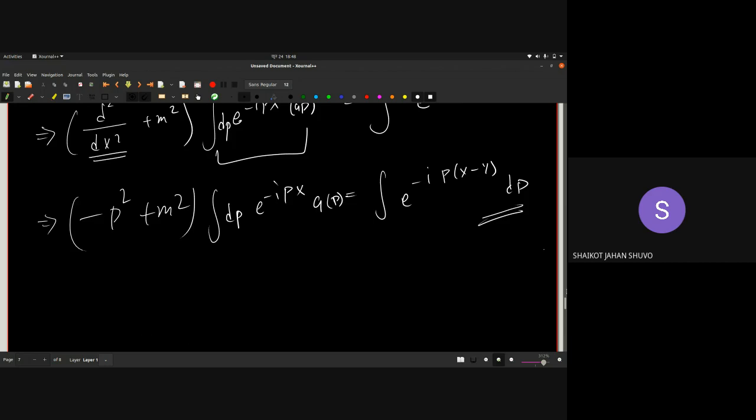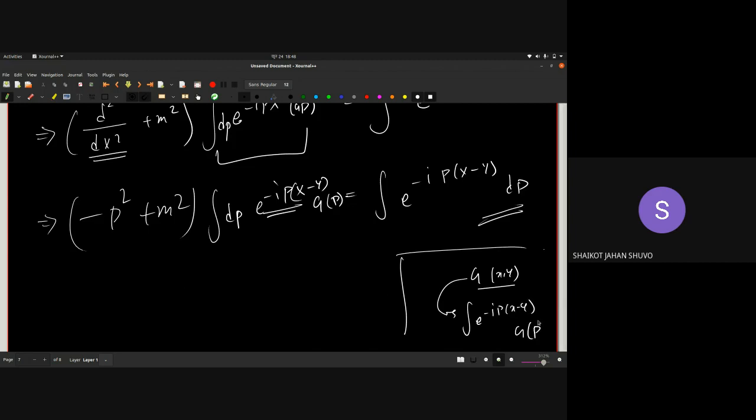There is this exponential, you can get rid of them as well. And usually on this side over here, people write this as x minus y, because in general, if you have something as a function g of x y, it's a 2-point function as well. So you can write it as e to the power negative i p x minus y g of p, like this.